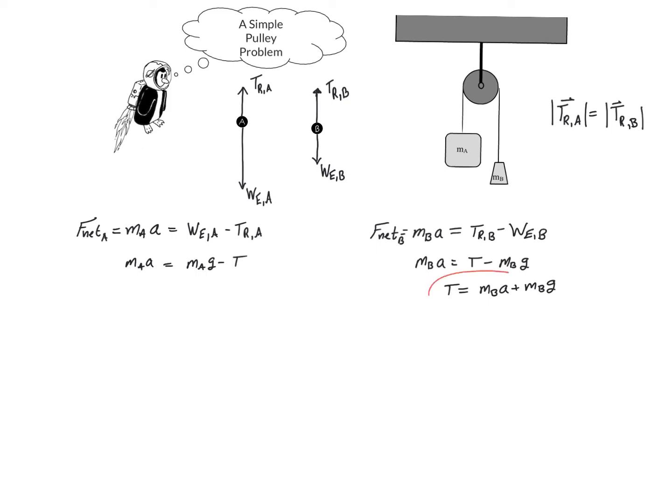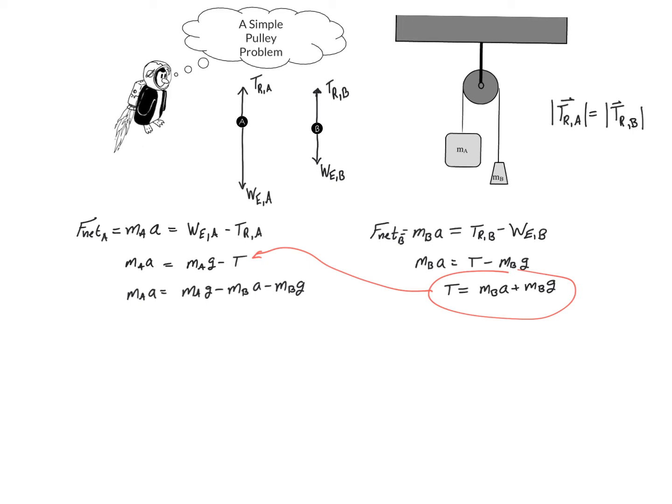I can take this entire equation and plug it into the A block's equation, meaning that the mass of A times the acceleration is equal to the mass of A times g minus m sub B a minus m sub B g. Keep in mind, the minus signs here are easy to mix up, so slow down and double check your work.